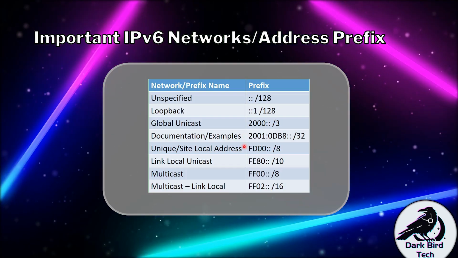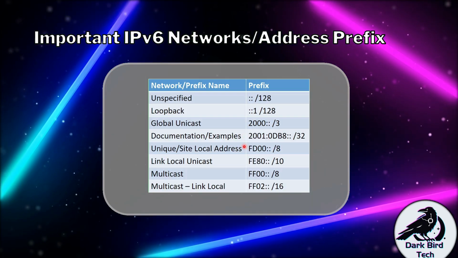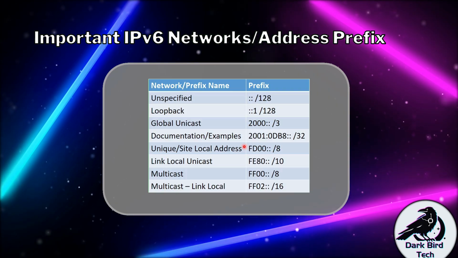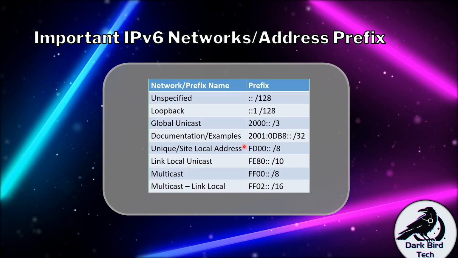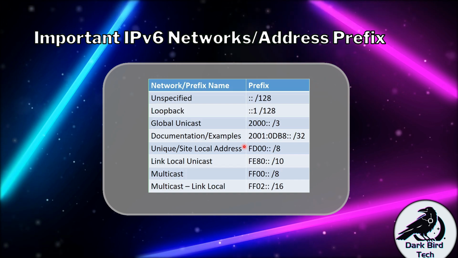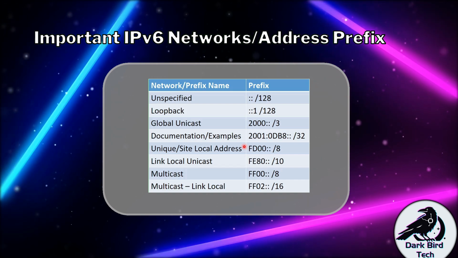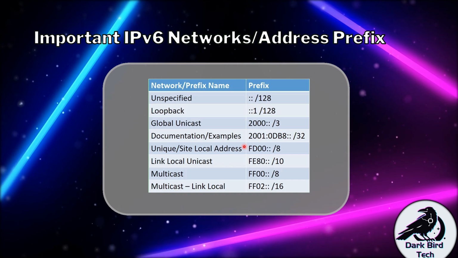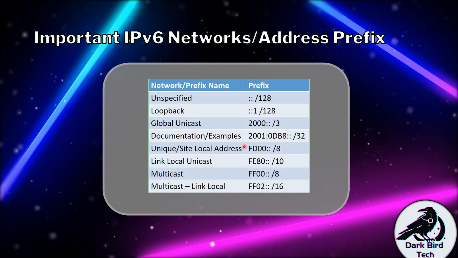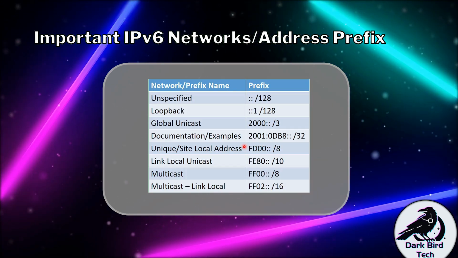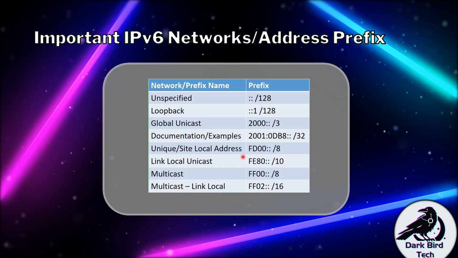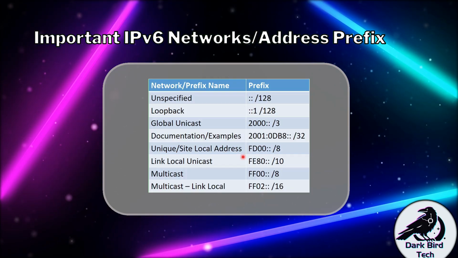Then you get FD00. That is called the unique local address or site local address. This is an idea where you could do internal routing within an organization. And if you allocate those addresses, it allows for private internal routing but never crossing over to the internet. Then you get FE80, which is the link local unicast range.